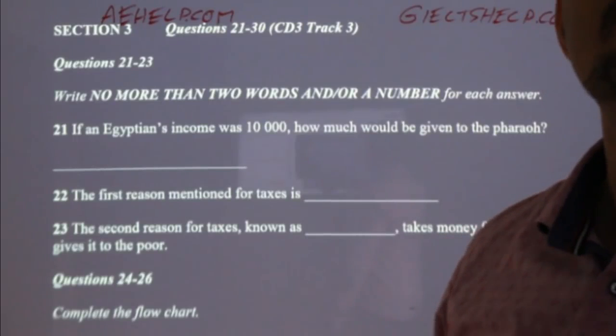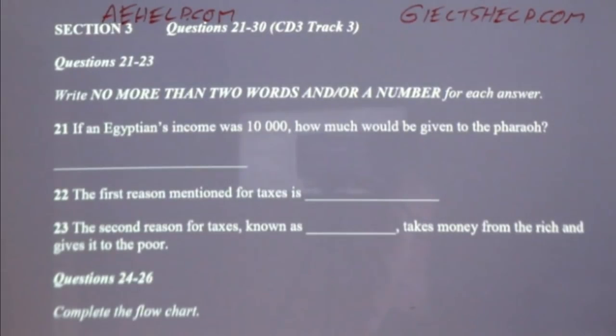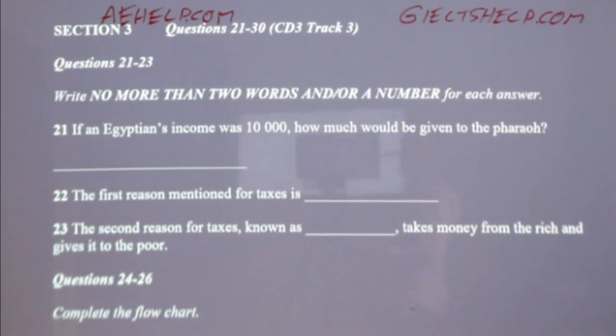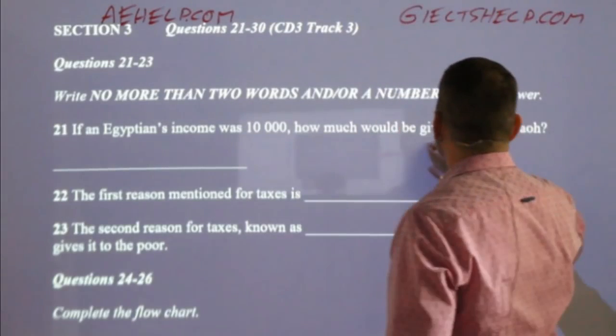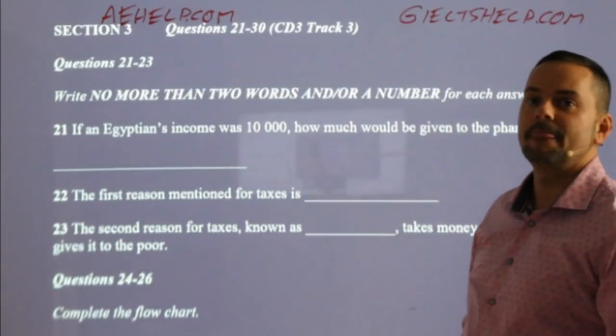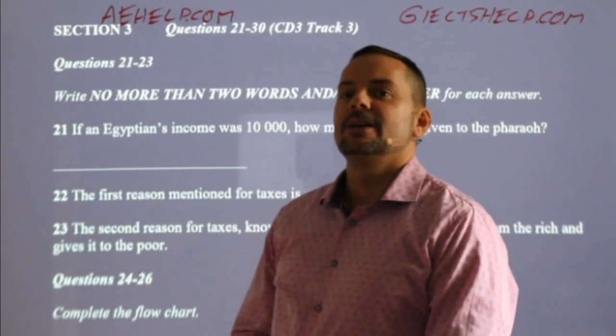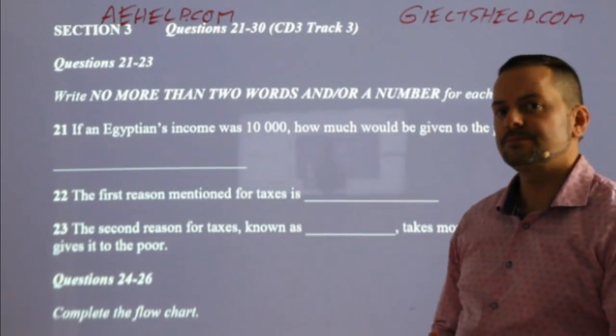All right, so let's look at question 21. If an Egyptian's income was $10,000, how much would be given to the pharaoh? All right. Some of you say 20%.